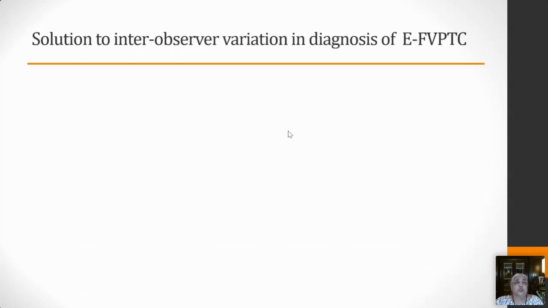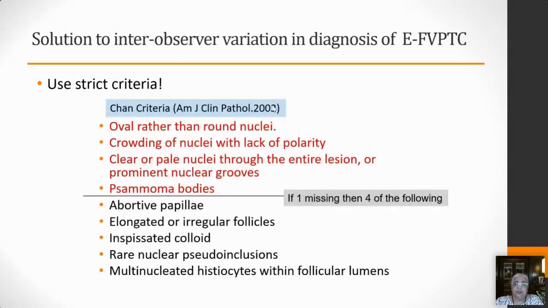So what was the solution that people talked about? They said you have to use strict criteria. The problem is that people are not using strict criteria. And the strict criteria already existed. They were laid down by John Casey Chan, and you can look them up in the American Journal of Clinical Pathology. What he said was that you cannot make exceptions.